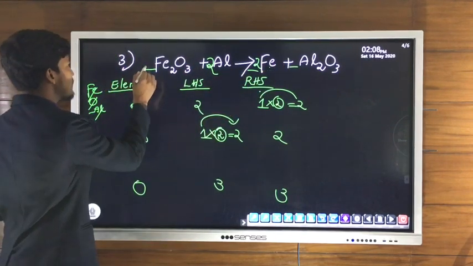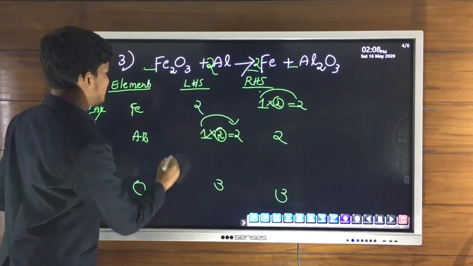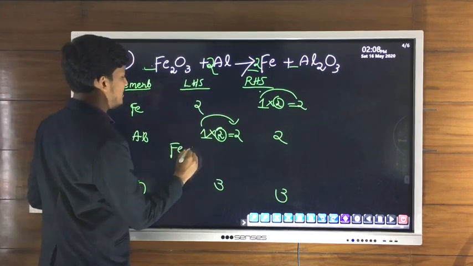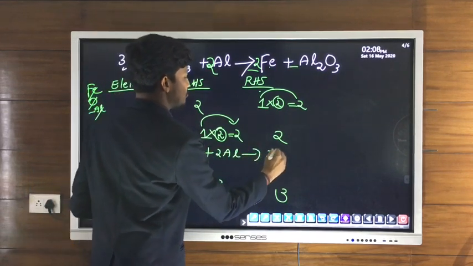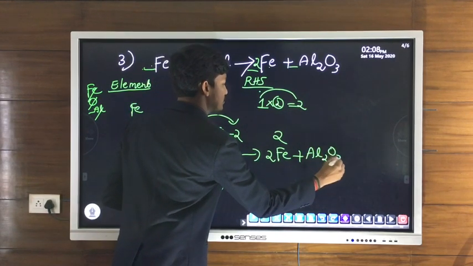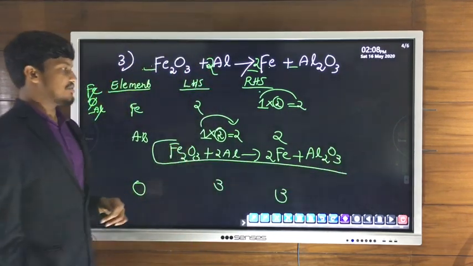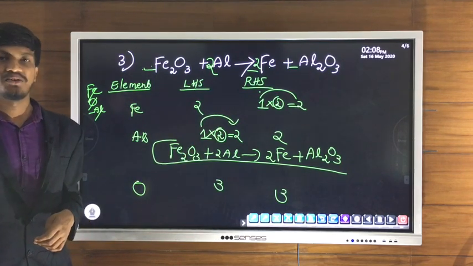That means in this case there is no coefficient for Fe2O3. So this is the answer: Fe2O3 plus 2Al gives 2Fe plus Al2O3.